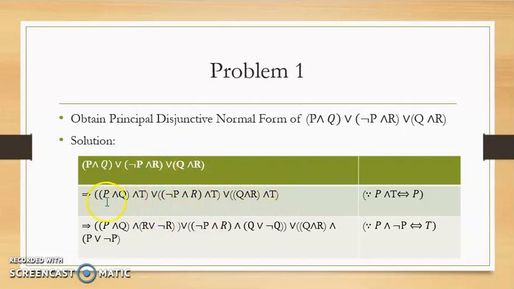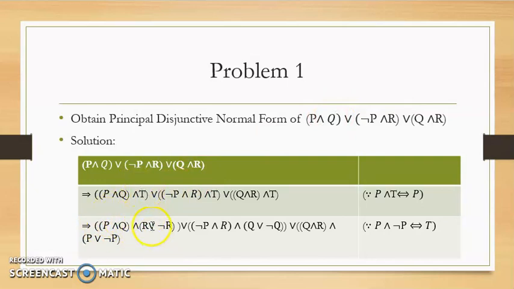Here, P and Q and T can be written as P and Q, and this T can be replaced. Actually we have three variables P, Q, R. In the first term we have only P and Q, so R can be combined with this.